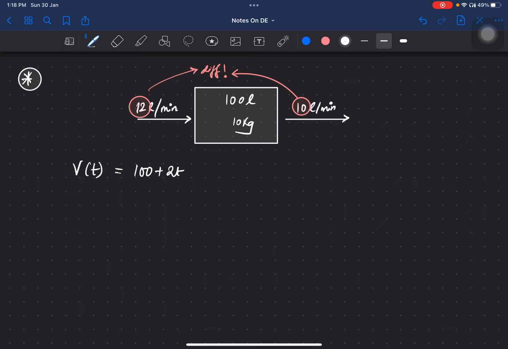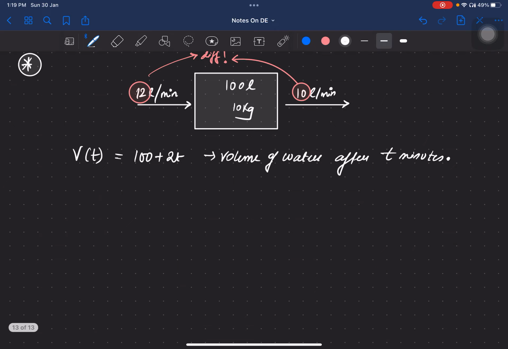So since the volume has changed, the concentration of the salt will also change after 30 minutes. Concentration is the quantity by volume. So the volume is now 100 plus 2t.